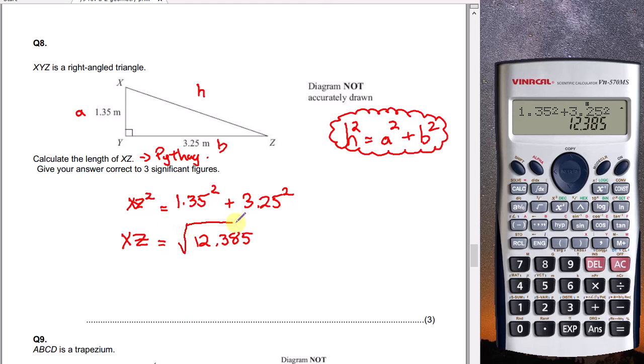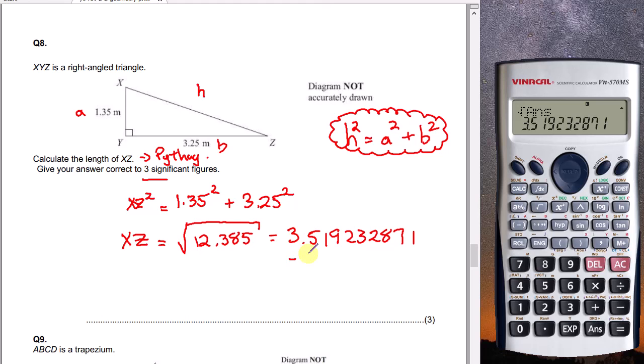So I do the square root of xz squared, it gives me xz, and whatever my answer was, square root it. And that gives me an answer 3.519232871. Again, last mark, 3 significant figures. Start at the first value.